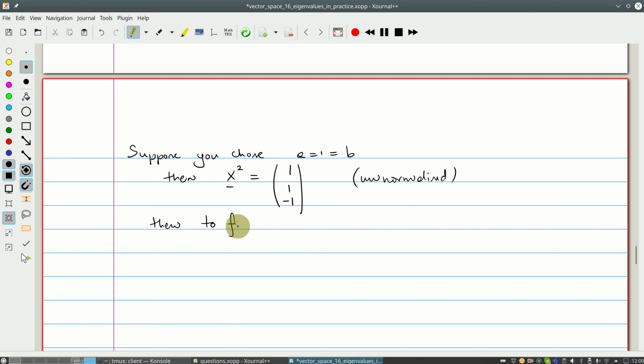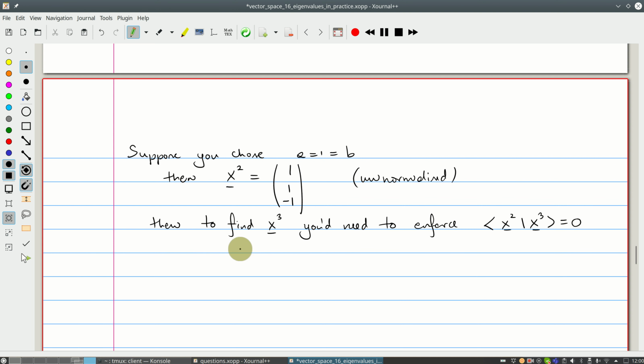So then to find x3, you'd need to enforce x2 being orthogonal to x3. So this should be 0.